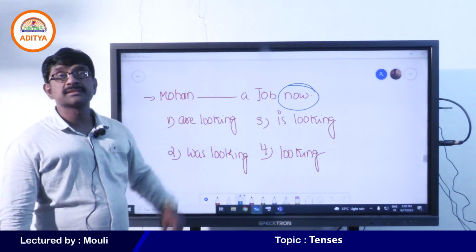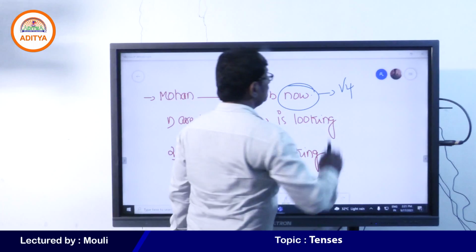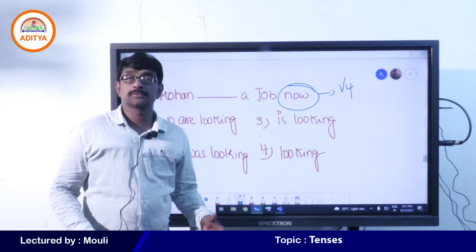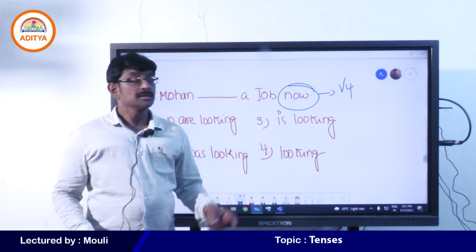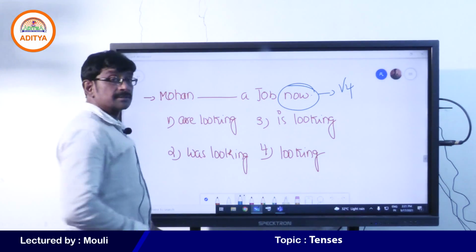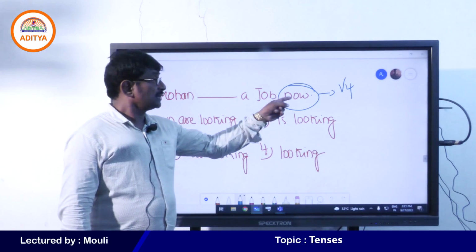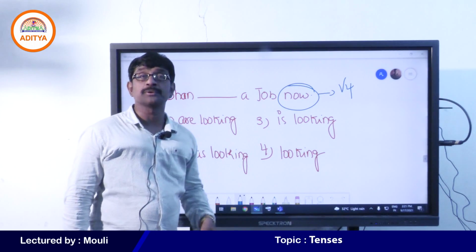When we look at this "now", we can say this takes V4. It is a present verb also. We know that very well. Now is a present condition. It requires a present verb with V4.